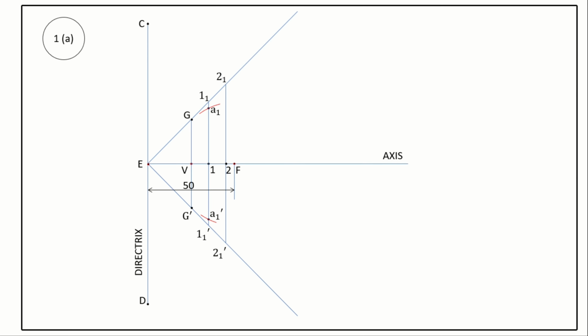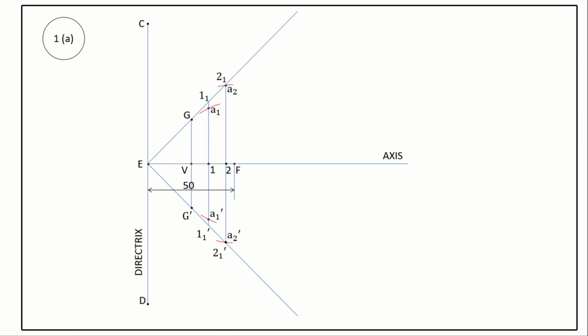Again, take a compass, measure the length 2 2 1, keeping F as center, cut the same line and mark the point as A2, and similarly in the bottom side, cut an arc using the same radius and F as center, mark the point as A2 dash.